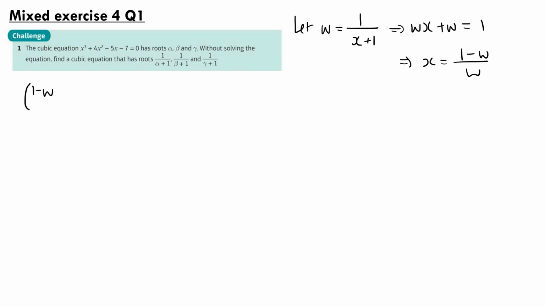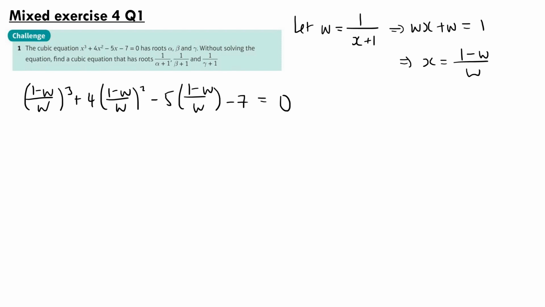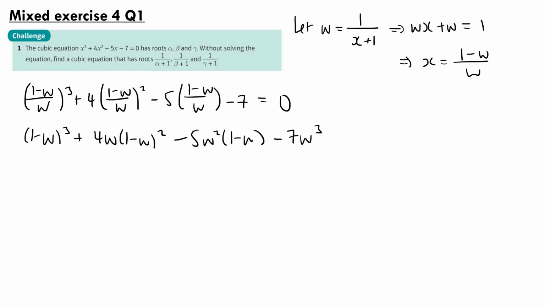So 1 minus w over w cubed plus 4 times 1 minus w over w squared, minus 5 times 1 minus w over w, minus 7 is equal to 0. Then you can multiply through by w cubed to get rid of the fractions. So 4w, 1 minus w squared here, minus 5w squared, 1 minus w, minus 7w cubed. Now expanding the brackets using binomial expansion.